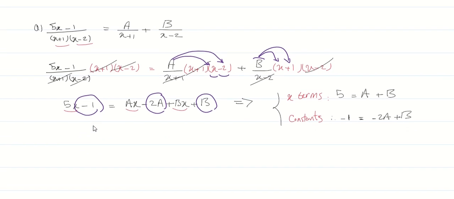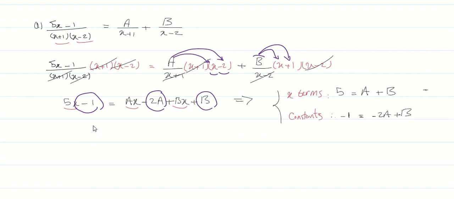Now we have equation number 1 and equation number 2, and we have two unknowns. So we are going to solve this and find the values of A and B. Based off the first equation, we can say that the B value would be equal to 5 minus A. You basically just move A to the left-hand side and its sign is changed to a negative sign.